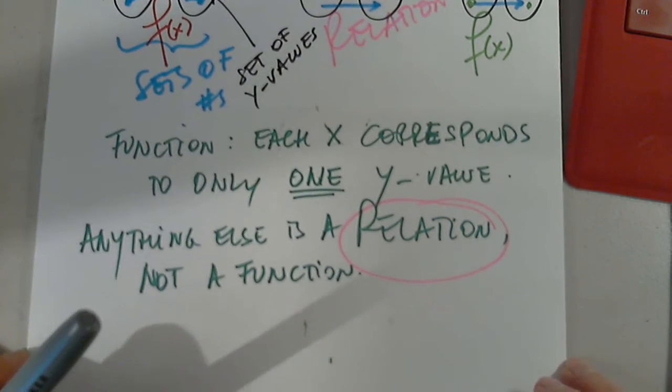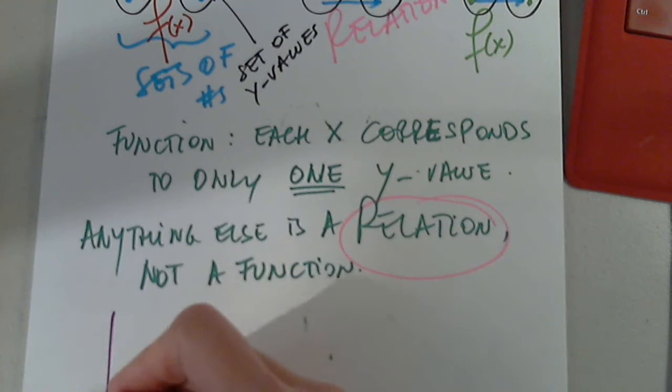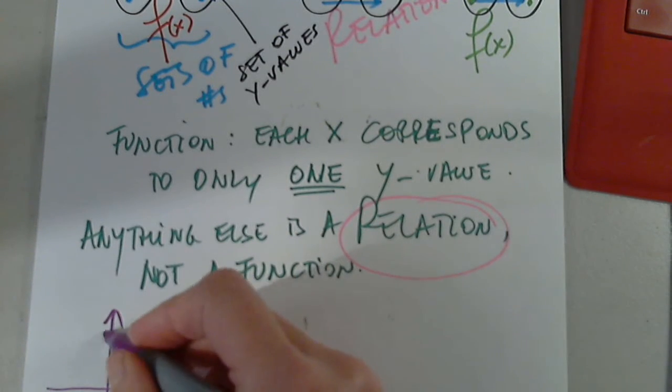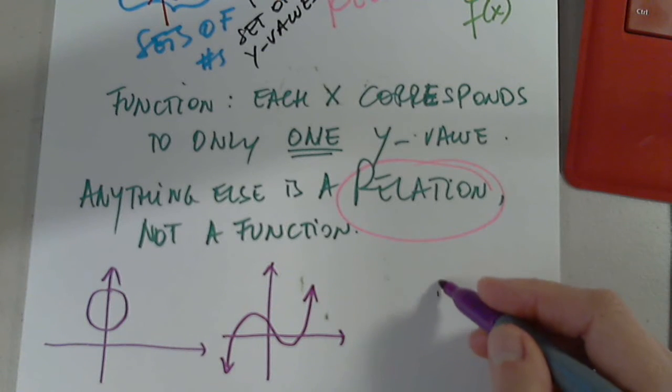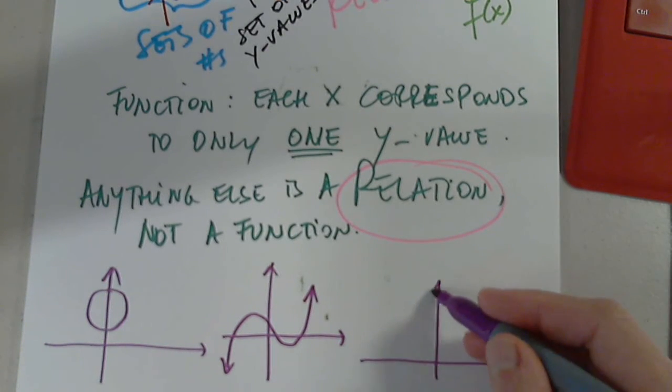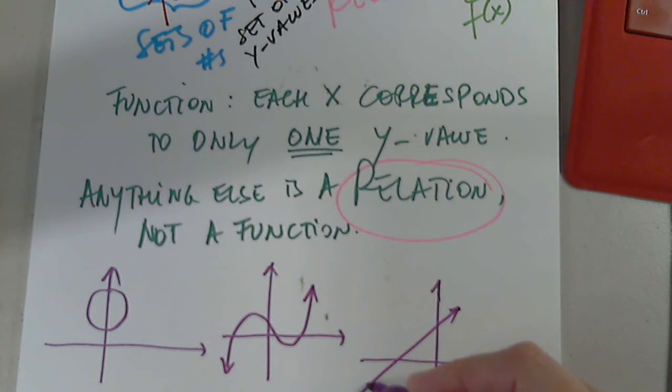Okay, now let's suppose we have graphs. We are given different graphs. Here's a graph. Here's another graph. Here's another one. And I want to graph one more.